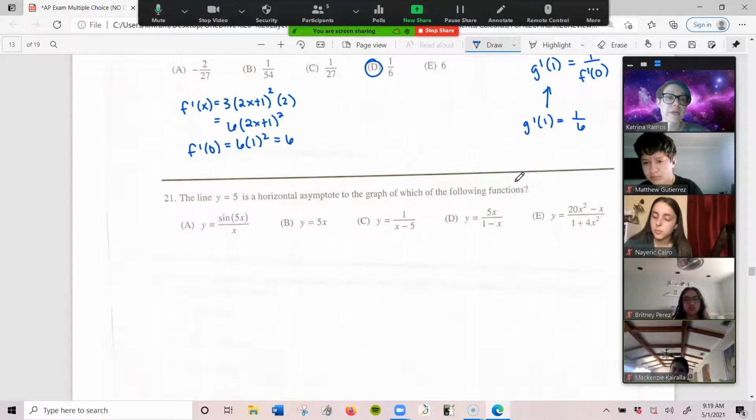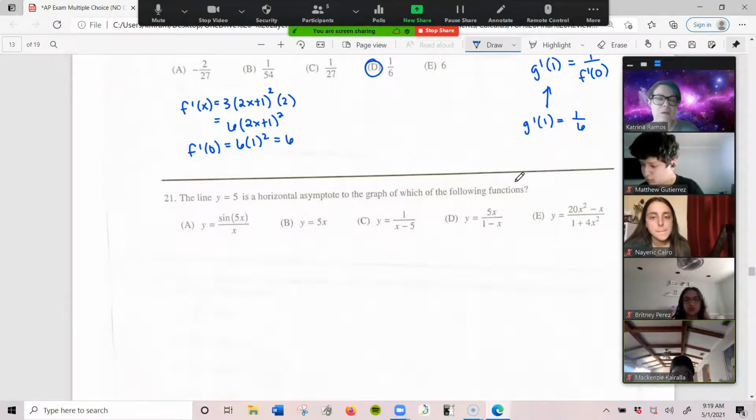If the degree of the numerator is larger than the degree of the denominator, then there's no horizontal asymptote. If you ever have a horizontal asymptote at any number other than 0, that means the degree of the numerator has to equal the degree of the denominator, and then you would divide by those coefficients.